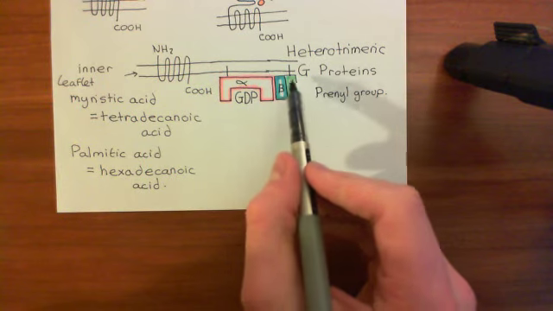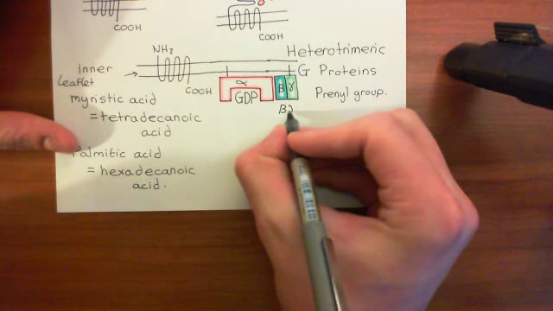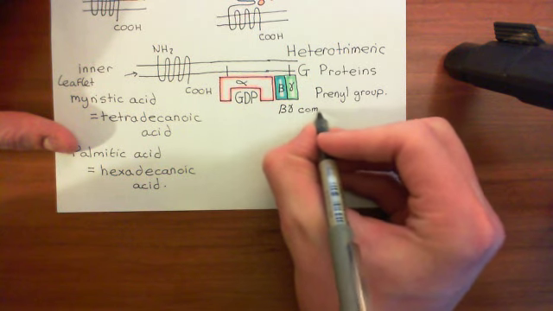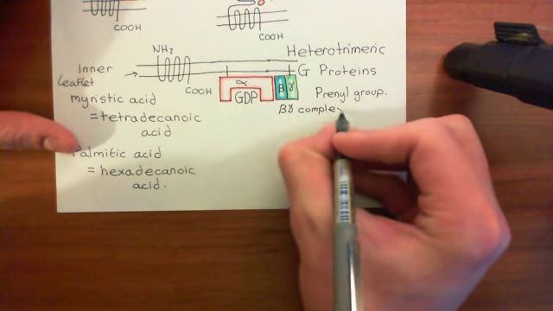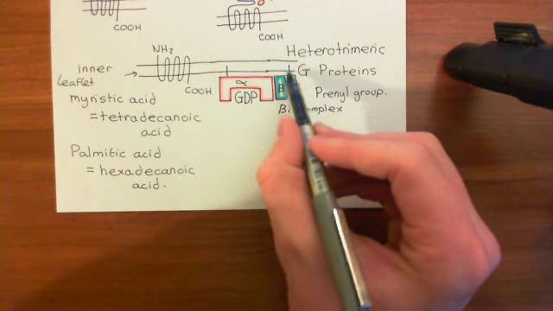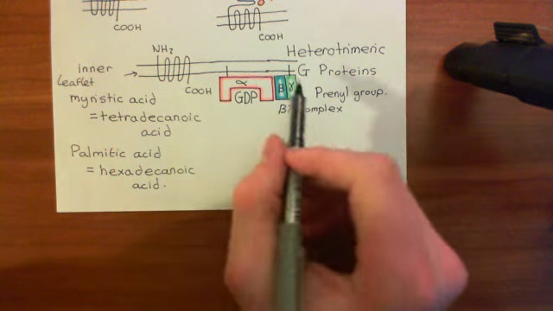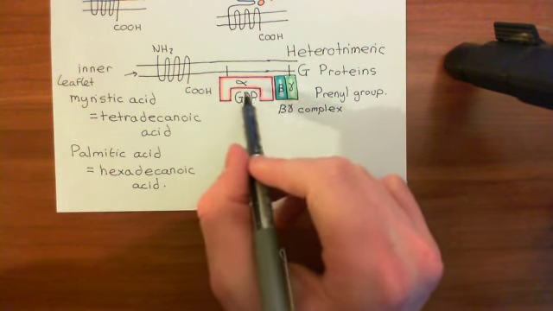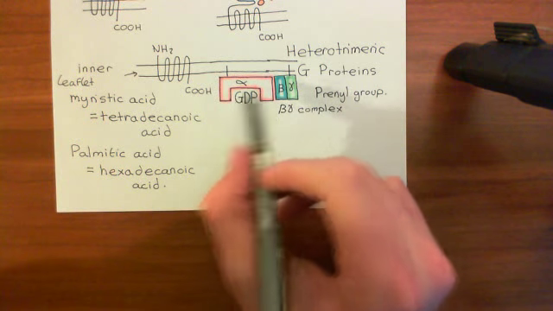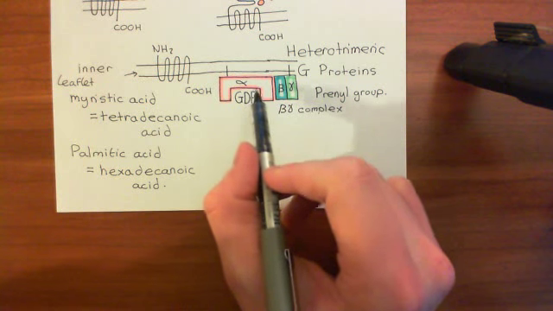Because the beta and gamma subunits never break apart, it makes sense to talk about them as one, the beta-gamma complex. This attaches the beta-gamma complex to the inner leaflet, so again they are floating around underneath the plasma membrane. So when the alpha subunit has GDP bound to it and is in the off state, the beta-gamma complex can associate with the alpha subunit.